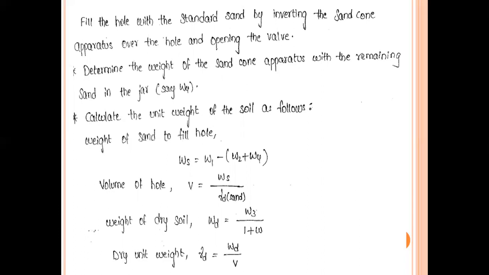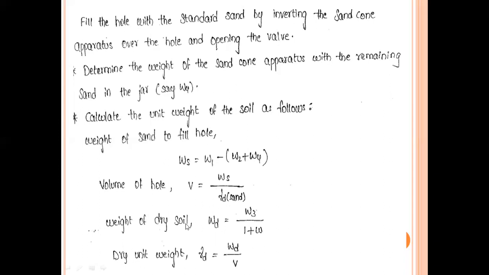Here calculate the unit weight of the soil as follows. The weight of the sand to fill the hole, Ws, equals W1 minus W2 minus W4. Next we find the volume of the hole. Volume V equals Ws divided by gamma d sand, where gamma d is the dry unit weight of the sand.